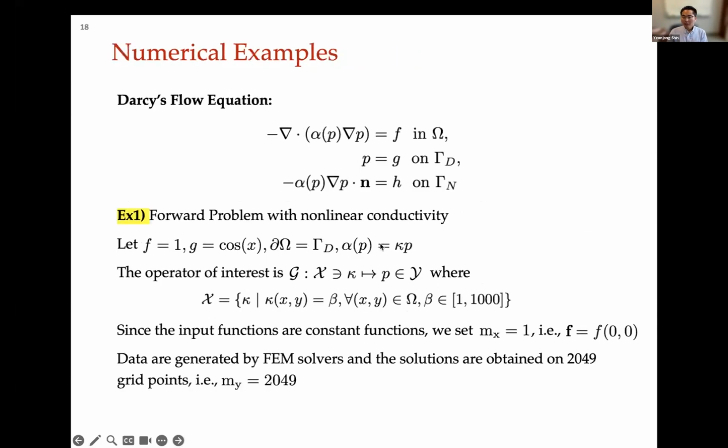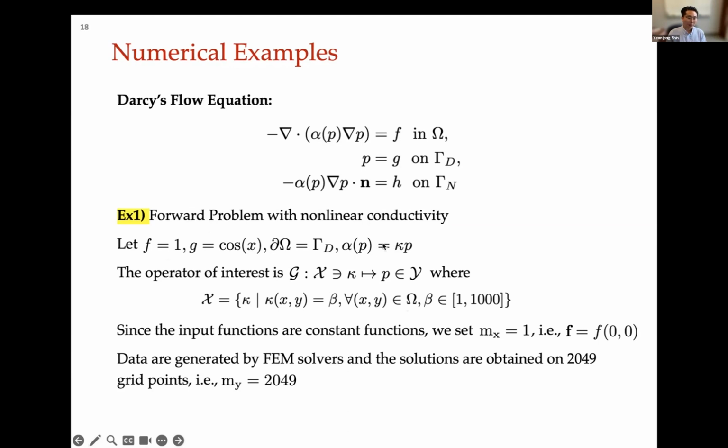Before I go to the generalization error analysis, let me show you how this new method performs on some numerical tests. We considered three operators from the Darcy flow equations. The first example is concerned with the forward problem with nonlinear conductivity.